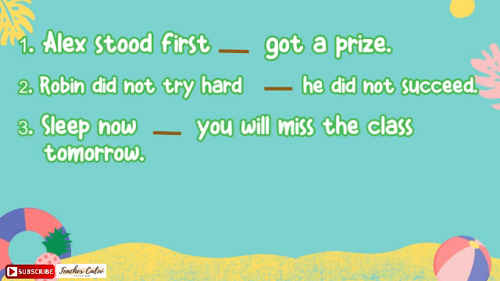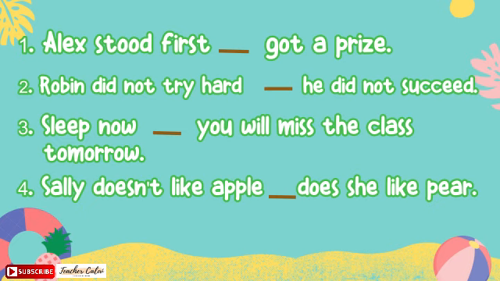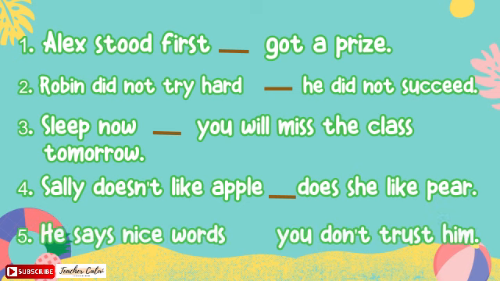Sleep now, blank you will miss the class tomorrow. Number 4. Sally doesn't like apple, blank does she like pear. And number 5. He says nice words, blank you don't trust him. You may pause this video for a while to think of the right answers.